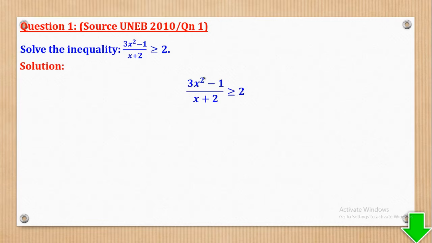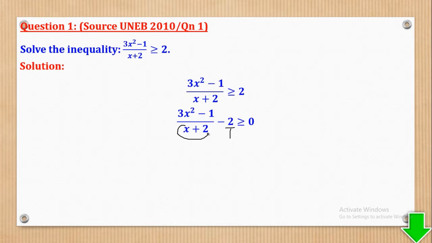What do you do? Bring everything on one side. So bring that to this side to come up with that. Then after getting the LCM here, the LCM will be x plus 2 because this is 1. But the caution is: do not multiply throughout by the LCM. You just get a compound fraction.